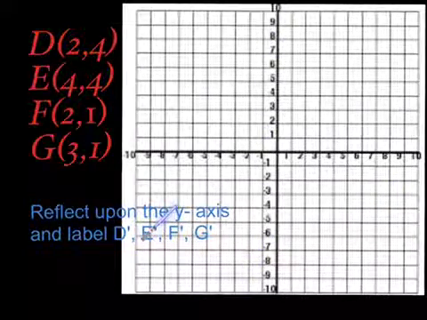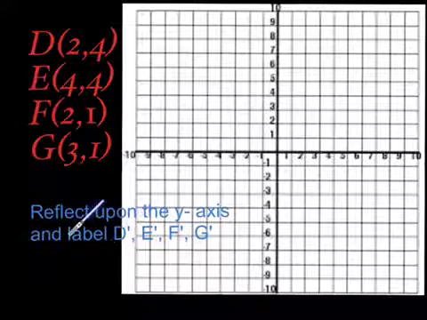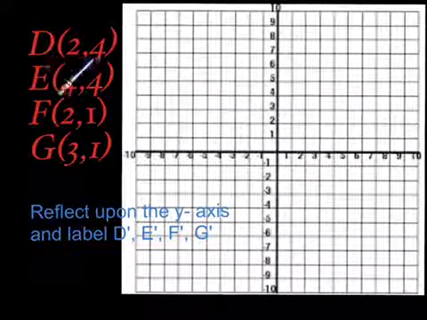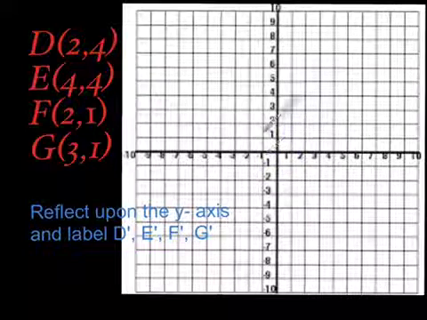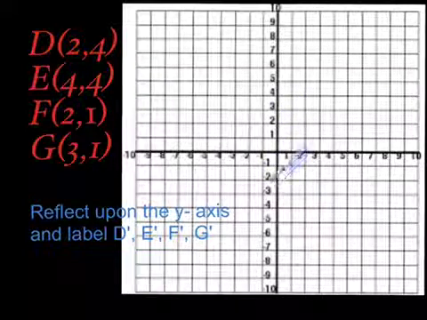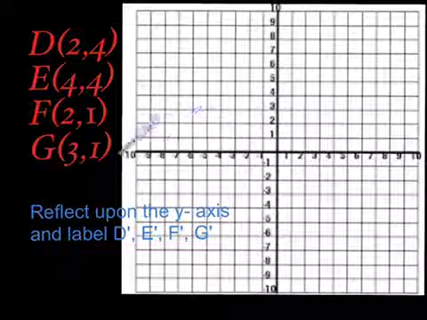As I said before, you should never mix those up. So I hope you graphed correctly and got your points over 2 up 4, then over 4 up 4, and so on.